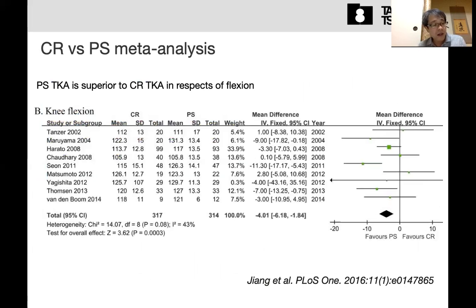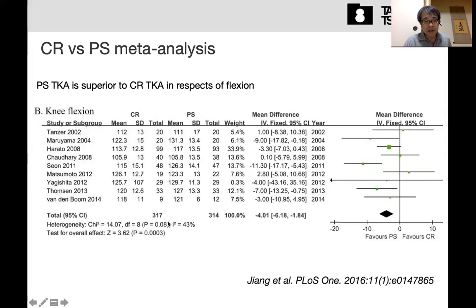So I'd like to show you the meta-analysis regarding the postoperative flexion comparing the CR and the PS knee. This is the previous meta-analysis.